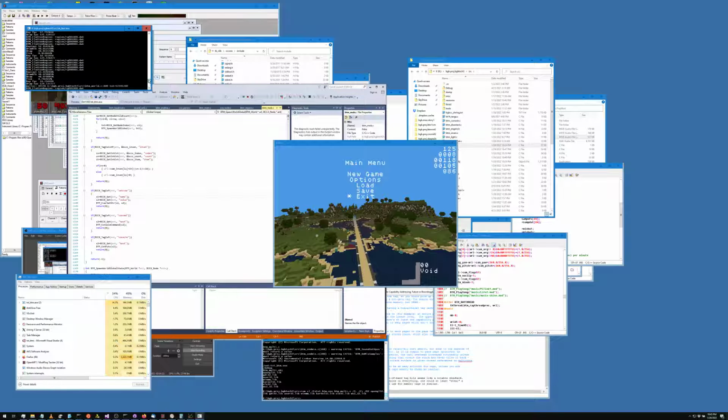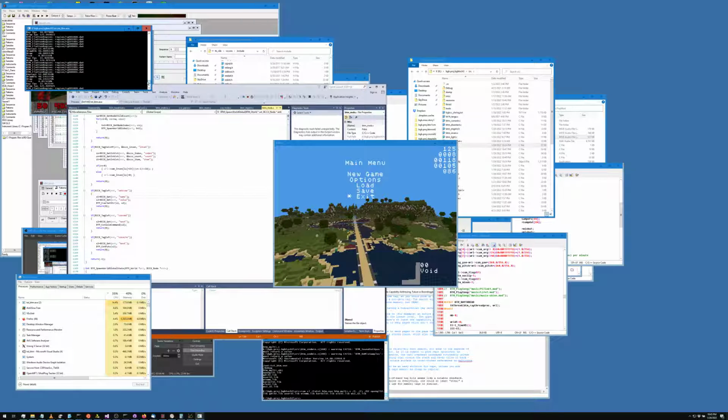The actual engine itself, it looks like, is using about 52 megs for the heap.